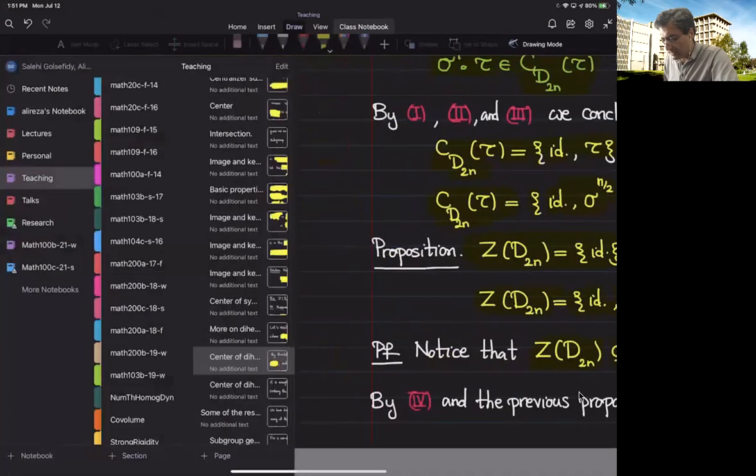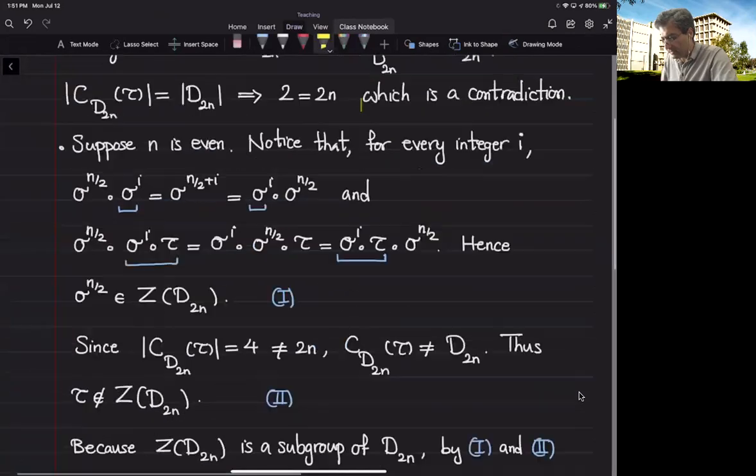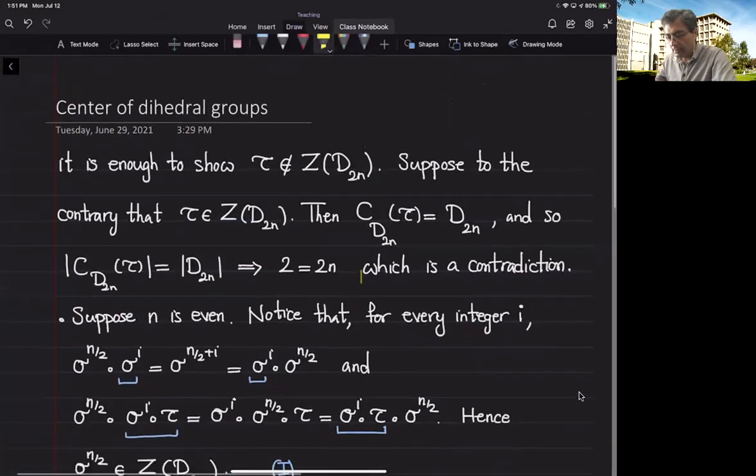Why is that the case? Again, the center, by the previous proposition and the fact that it is a subset of the centralizer of tau, contains identity and tau at most. If we show it cannot contain tau, then we are done. It's just identity. But let's suppose to the contrary that it does contain tau, and then we are going to get a contradiction out of it.